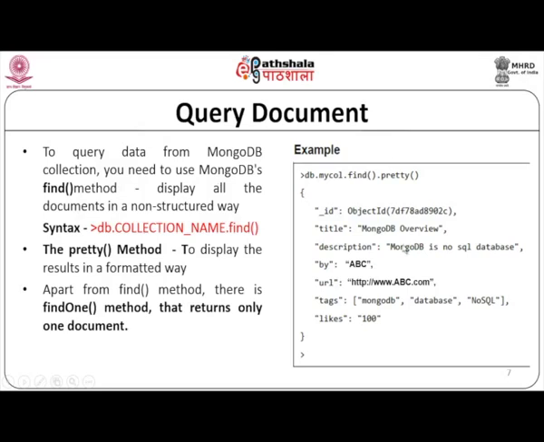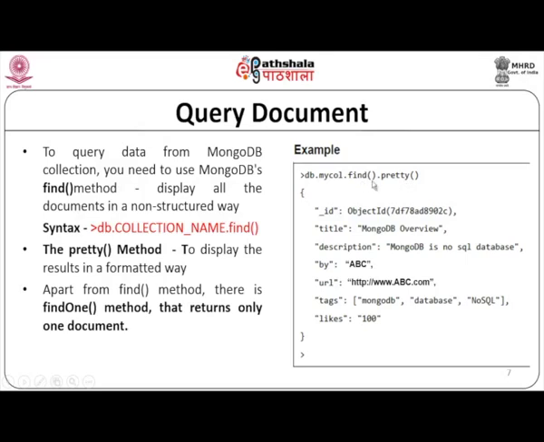Let us take a look at this example. Here in this example, we make use of the method called find to view the documents inside my collection. For this, I want to display in a structured way. When I want to get things displayed in a structured way, we will have to make use of the method called pretty.